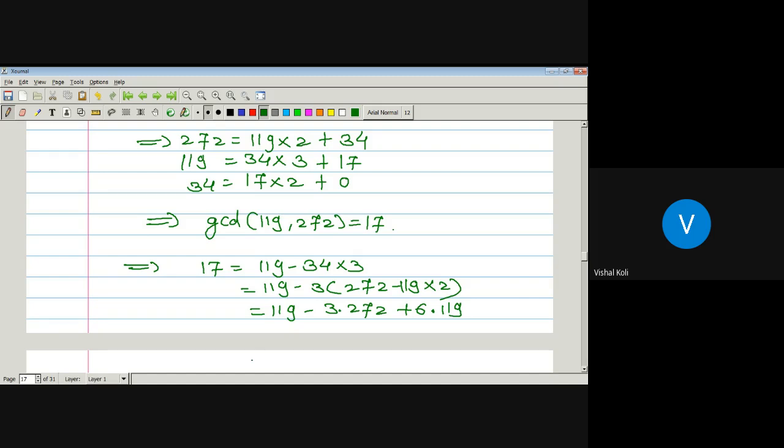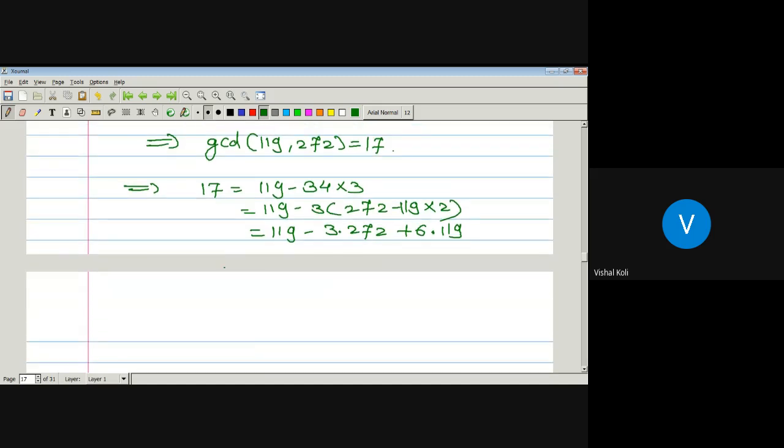So 1 times 119 plus 6 times 119 is 7 times 119 plus minus 3 times 272, which is 119x plus 272y. So what is the value of x? 7, and y will be minus 3.